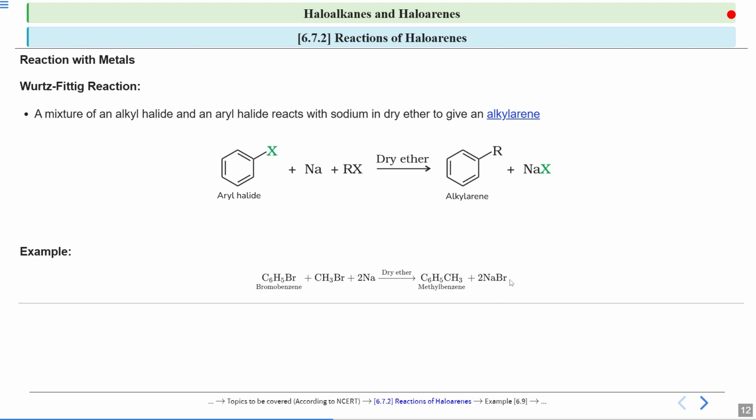Your sodium halide will be eliminated as a side product, and methyl benzene is your major product in this Wurtz-Fittig reaction. You have to perform this reaction in presence of dry ether.